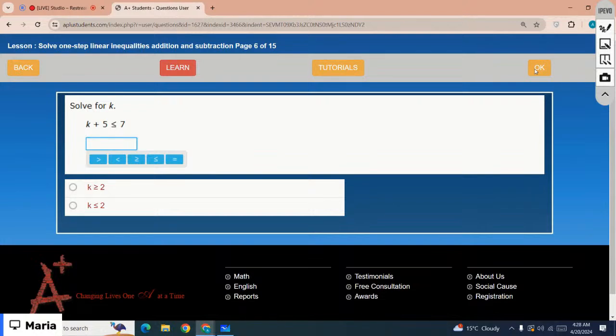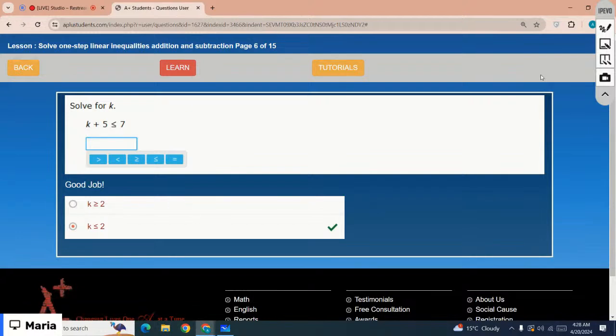Solve for K, which is the correct option. That is K is less than or equal to 2, option number 2 is the correct option.